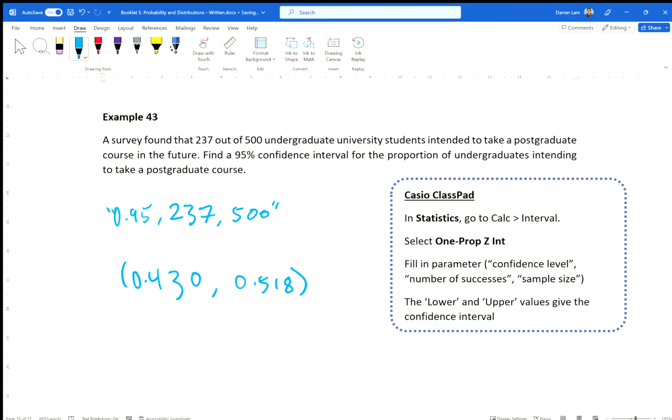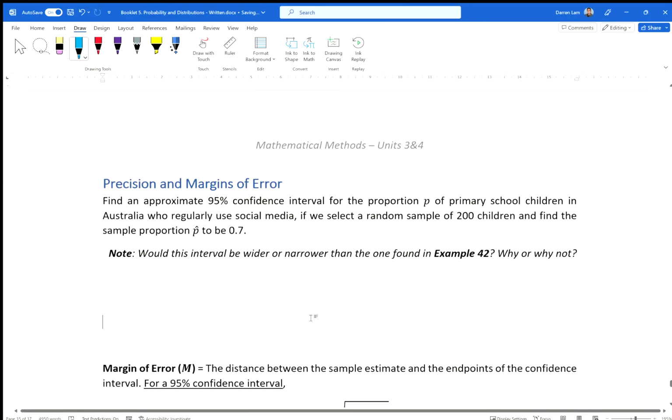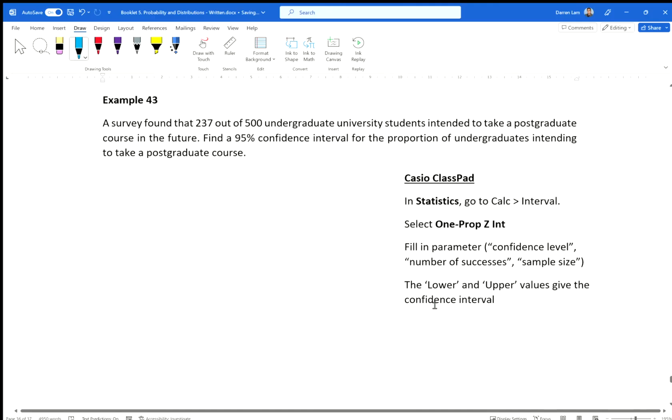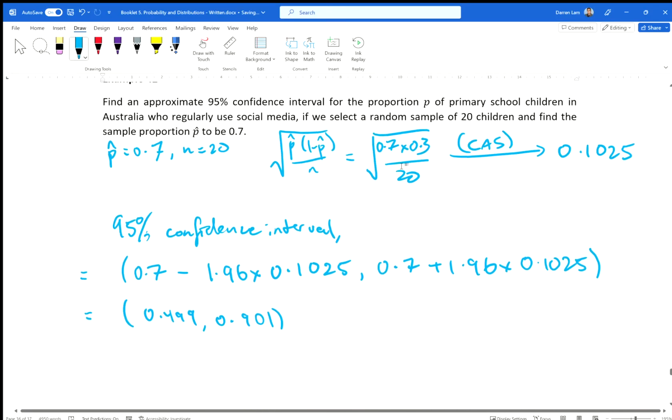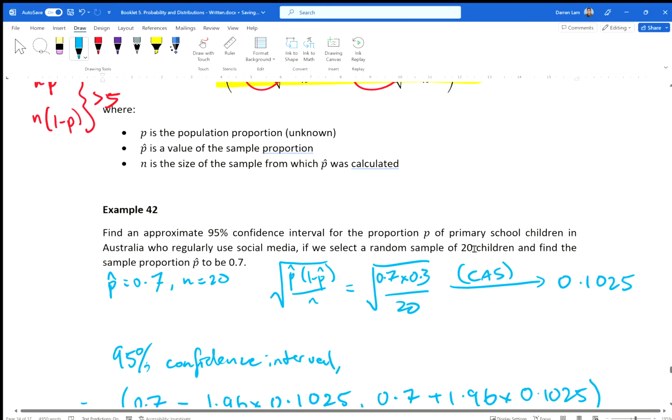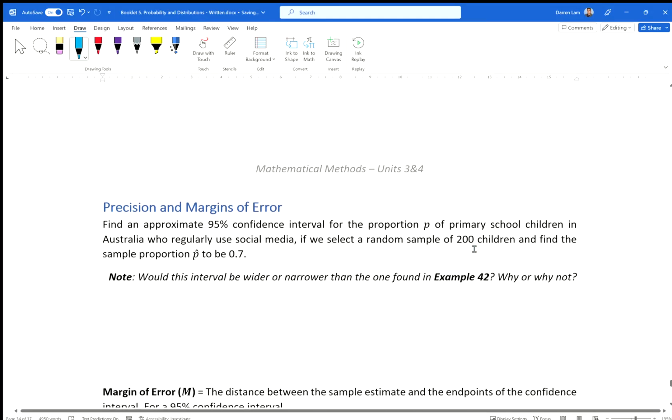Okay. Let's go into a little bit more depth. Our precision and margins of error. If we're finding an approximate 95% confidence interval for the population P, and you'll note this is very similar to example 42, which was this one up here. The only difference being that our sample has gone from 20 to 200.